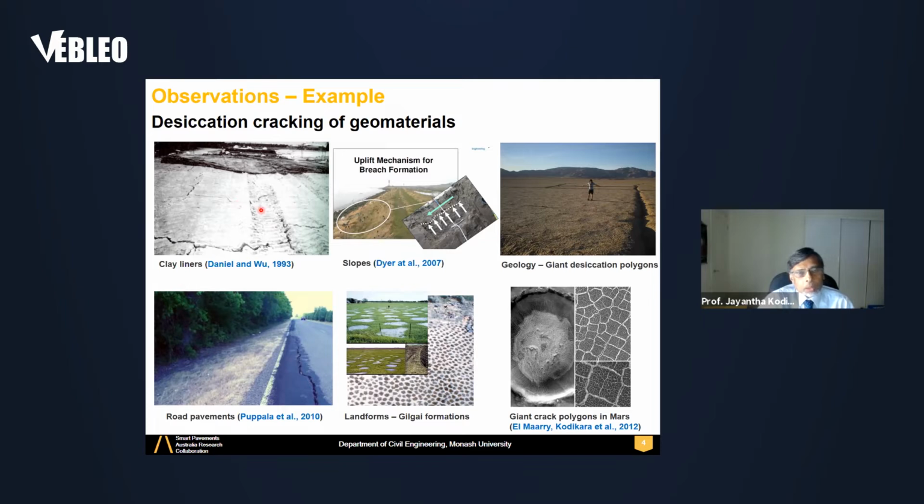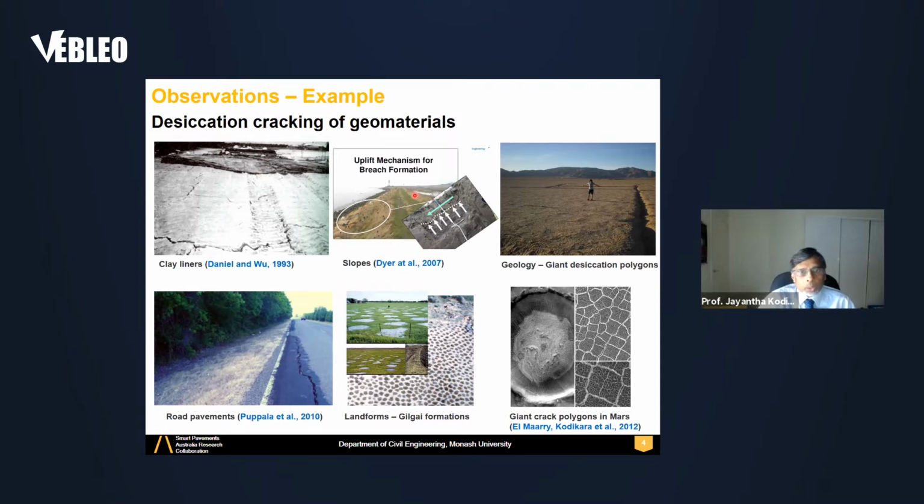This is not desirable because clay liners are supposed to have low permeability to prevent ingress of contaminants into the groundwater. And even when you cover it with a geomembrane or any plastic liner, it can still undergo cracking.